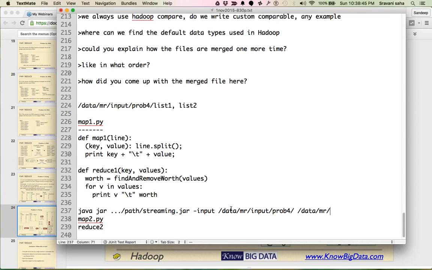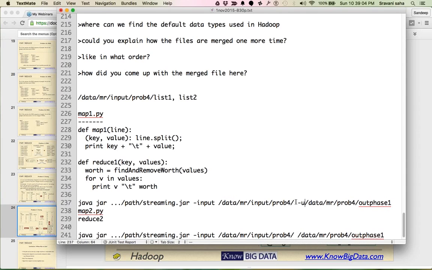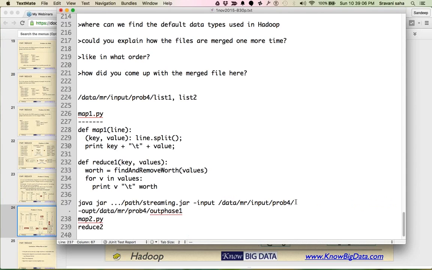So we say problem 4 output phase 1. Once we have written the second output like this, this is our output, and we will also say minus mapper equals map1.py, and minus reducer is reduce1.py.